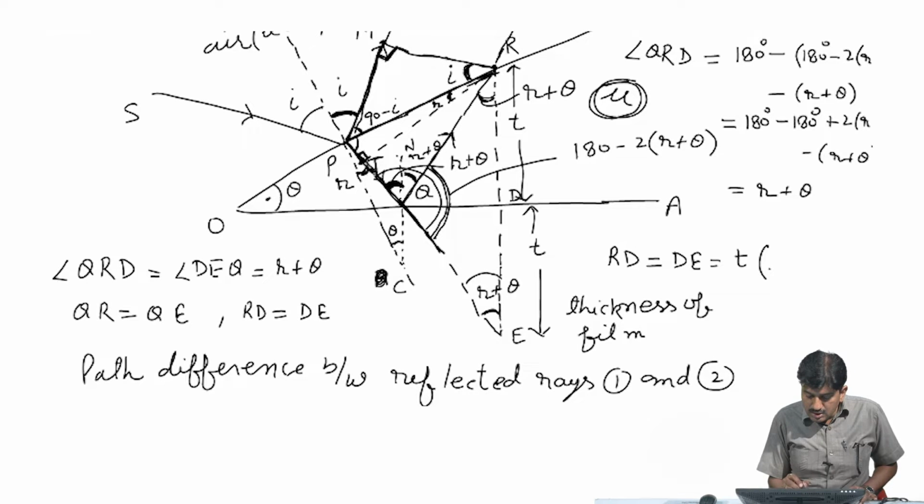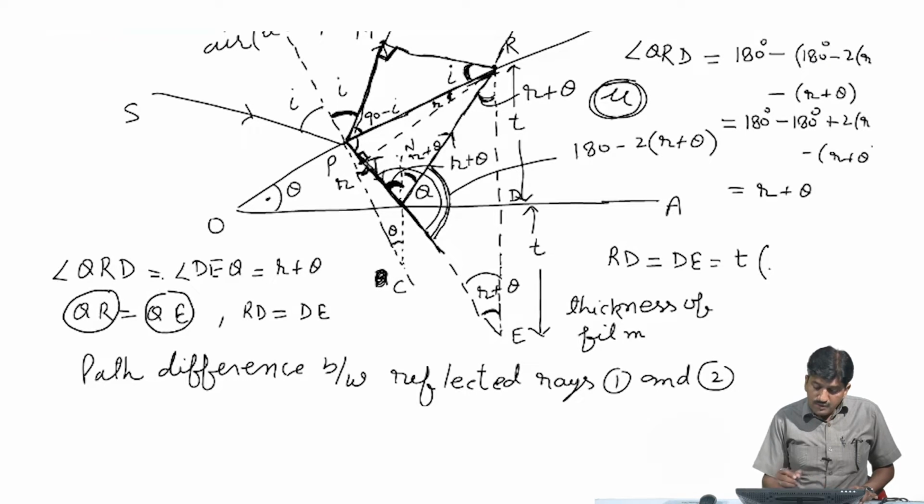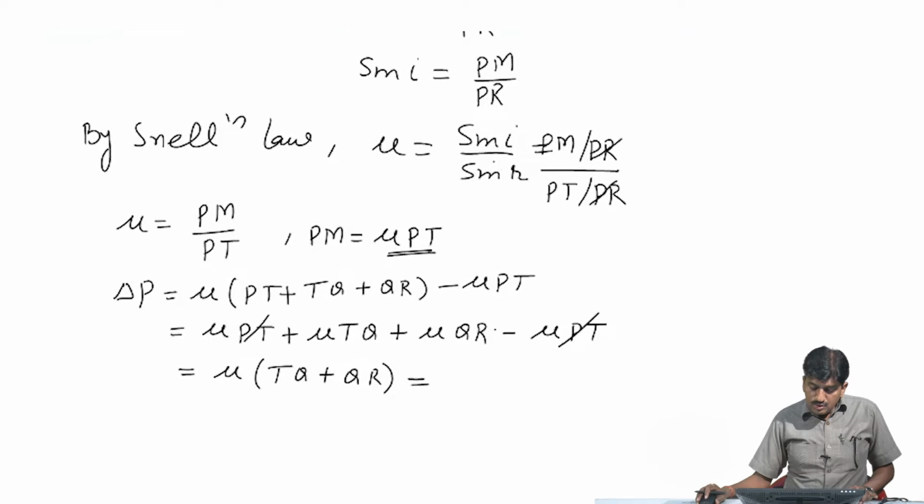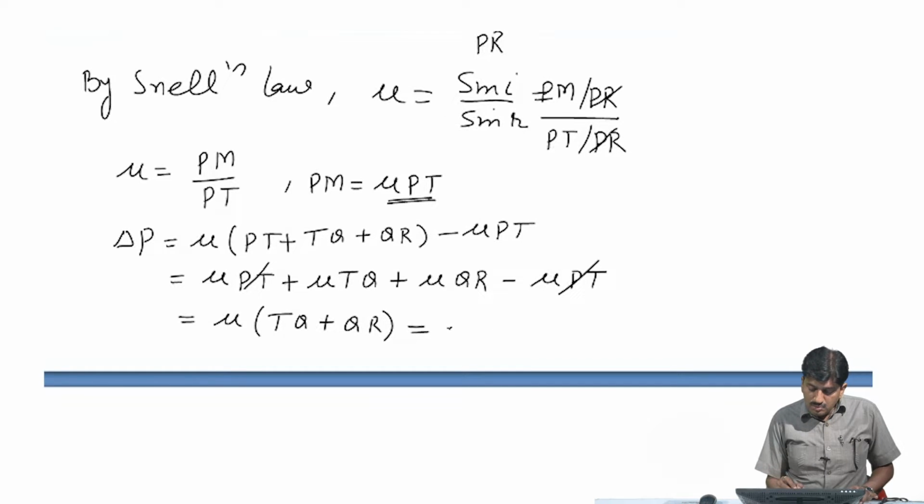TQ plus QR means this line is TQ, and this line is QR, and we have already seen that QR is equal to QE. We can write QE in place of QR, so it becomes mu into TQ plus QE.